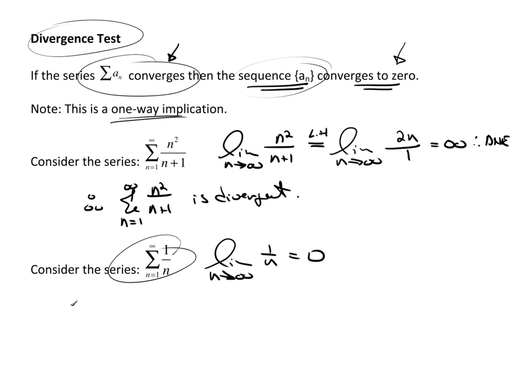All I can say is therefore the sum n equals 1 to infinity of 1 over n might converge. Now, this is actually a harmonic series which diverges, and we'll show that it diverges shortly when we introduce the integral test and we start looking at what's known as a p-series.